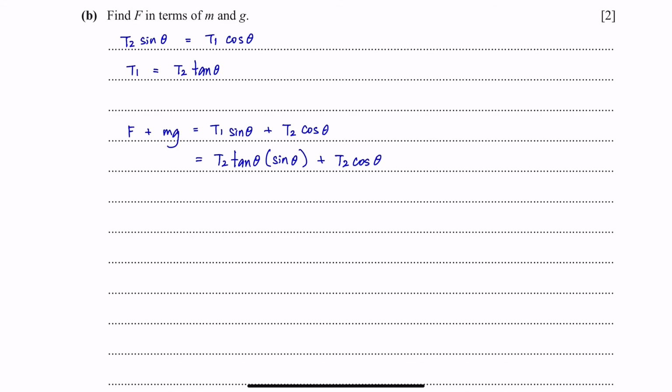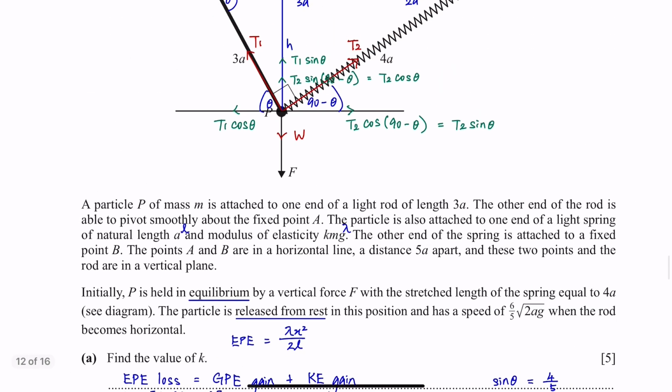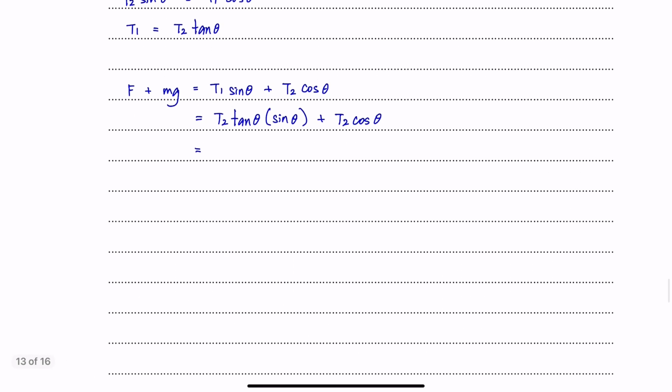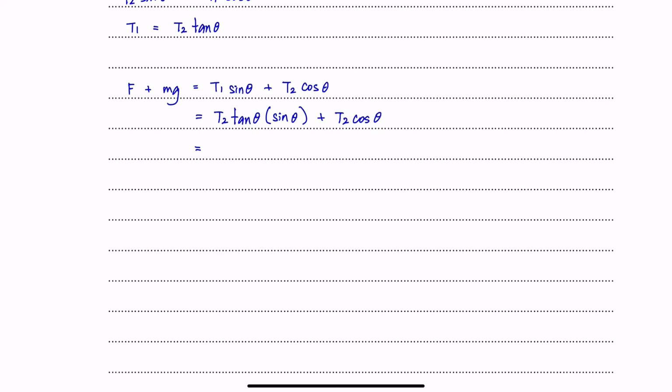So now we have T2 would be the tension force due to the spring. So T2 would be the modulus of elasticity, which is 24 over 25 mg, times the extension, which is 3a, divided by the natural length, which is a. So we have 3a over a.